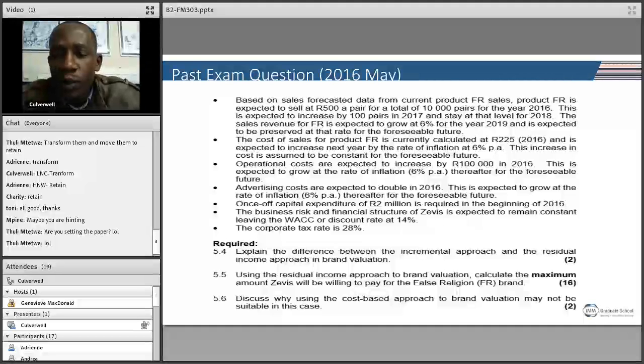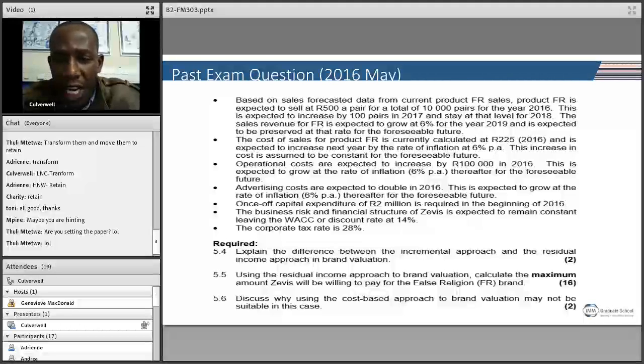And we're anticipating to sell 10,000 pairs for the year 2016. So if I want to calculate my sales revenue for FR for 2016, I would say 500 Rand per pair times the anticipated volume, which is 10,000. We're going to get an anticipated revenue of 5 million in year 2016.